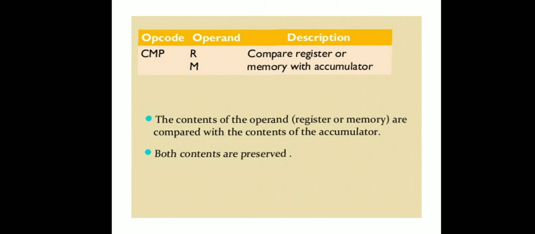This instruction is used to compare register or memory with the accumulator. The content of the operand is compared with the content of the accumulator. After execution of this instruction, the contents are not changed, and only the flags reflect the result of the operation.